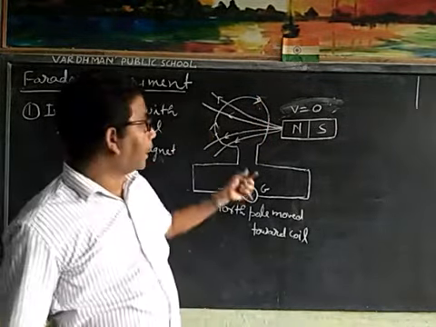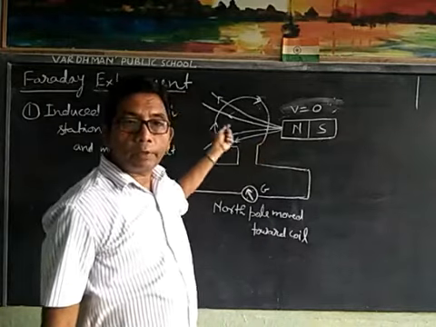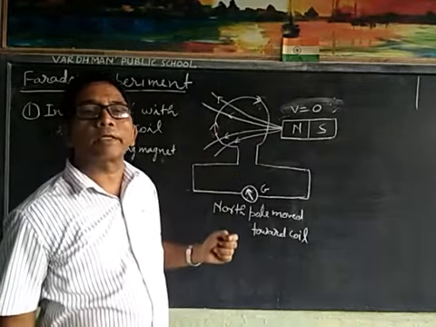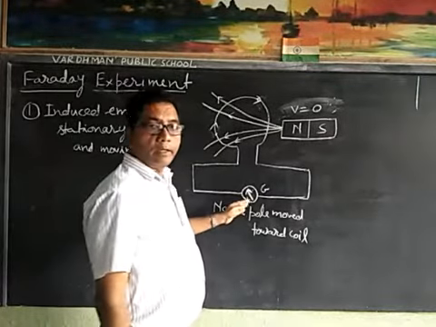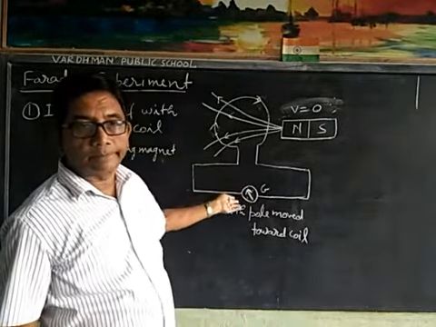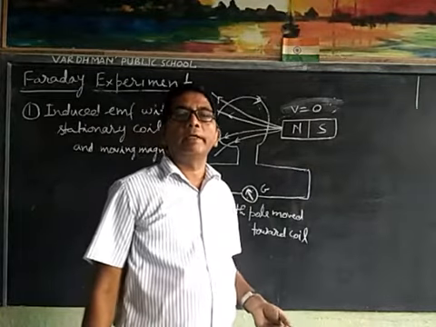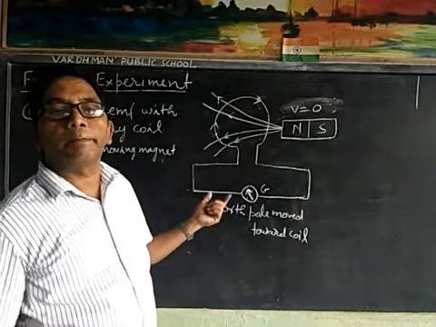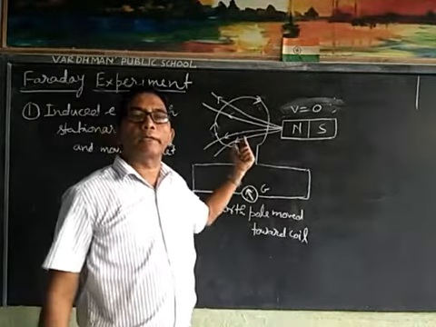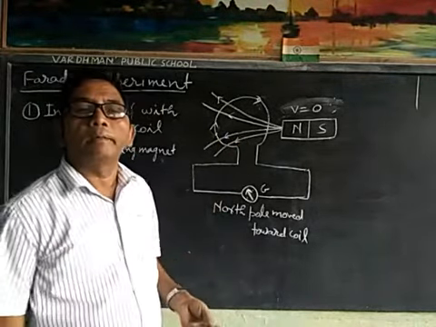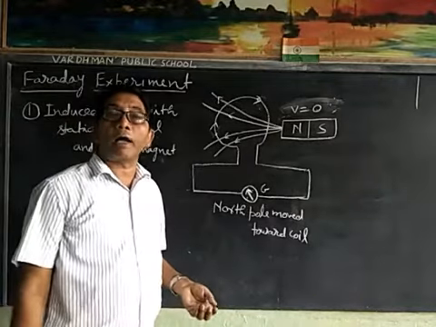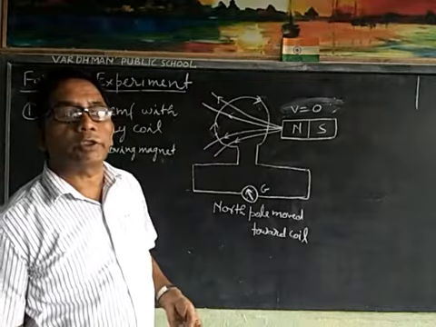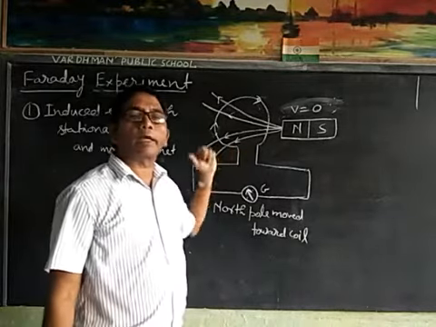In this case, when the north pole of the magnet is moved away from the coil, the galvanometer shows deflection on the left side. In the third case, if the above experiment is repeated by bringing the south pole of the magnet towards or away from the coil, the direction of the current in the coil is opposite to that obtained with the north pole.